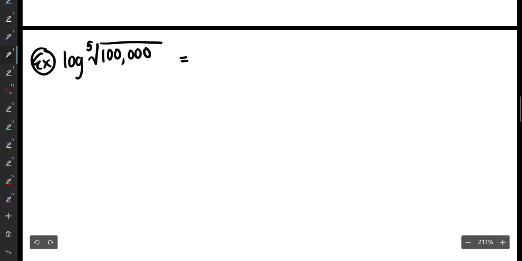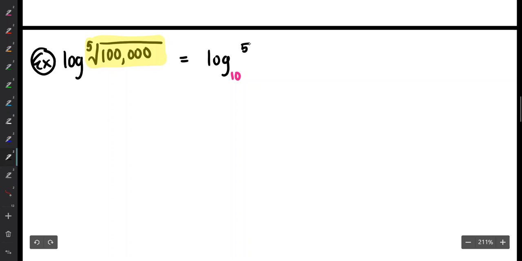One, you might notice that you can simplify the 5th root of 100,000. Why? Because 10 times itself 5 times is 100,000. This is the 5th root of 10 to the 5th. So if you notice that and just simplify here, oh my goodness, the 5th root of 10 to the 5th is just 10.